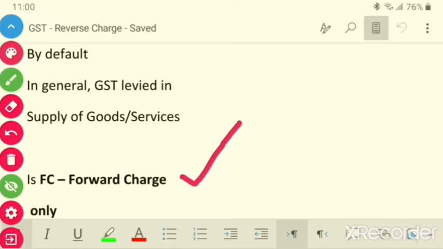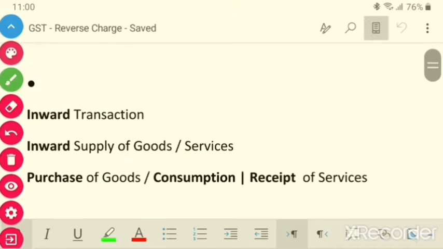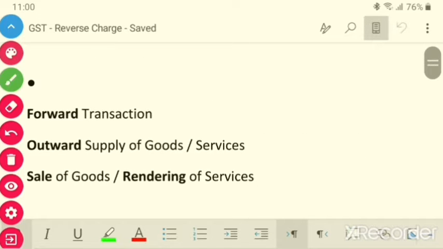Whenever we refer to GST levied, we are referring to a forward charge. That is a forward transaction, outward supply of goods or services.